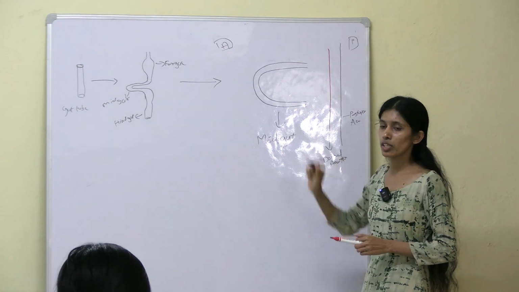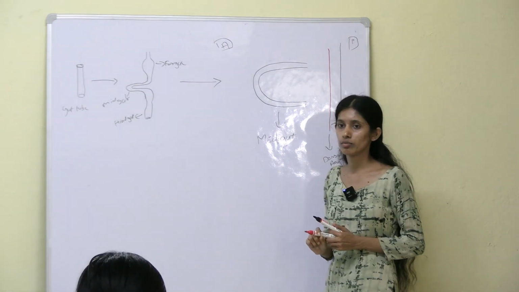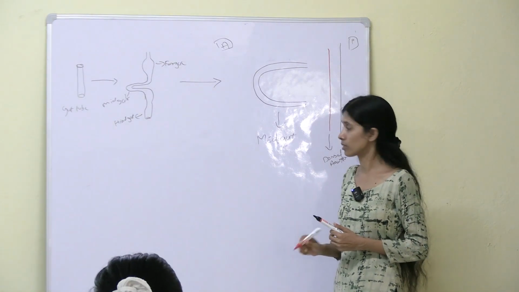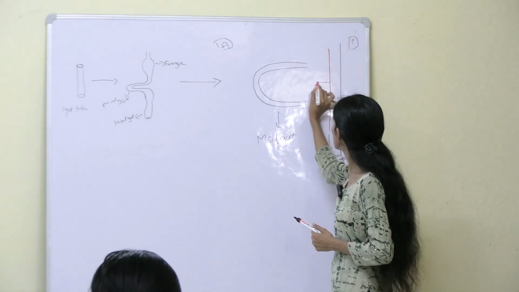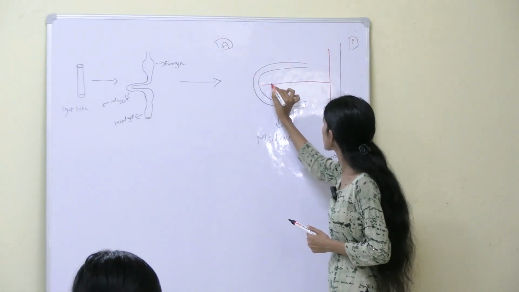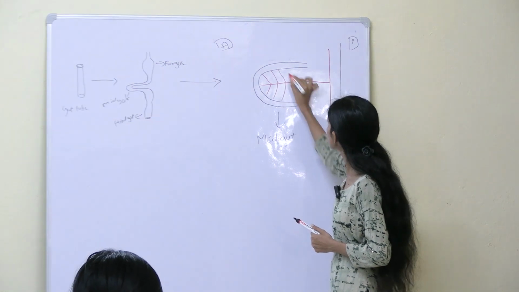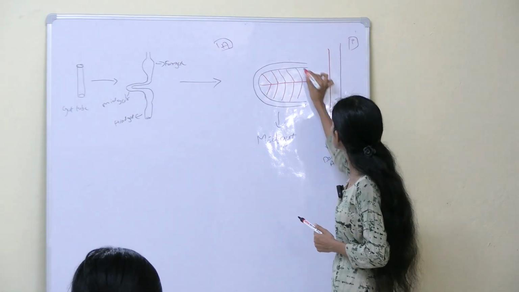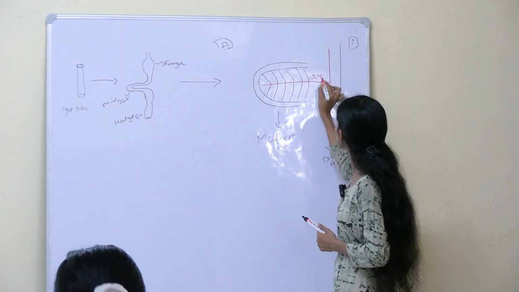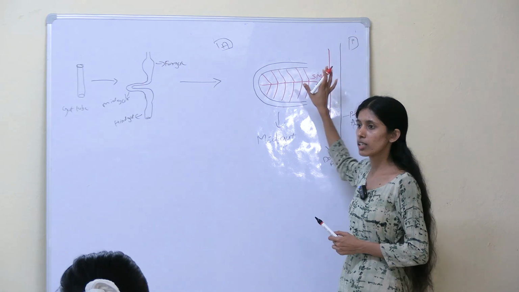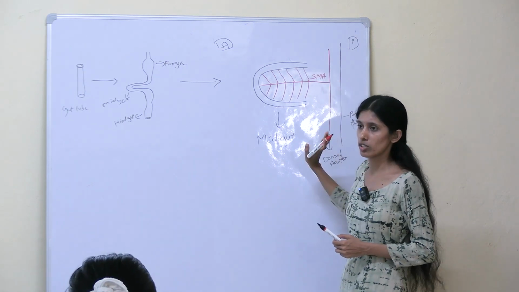And which artery supplies your midgut? Superior mesenteric artery, right? This is your superior mesenteric artery. These are the structures we see on the posterior side.